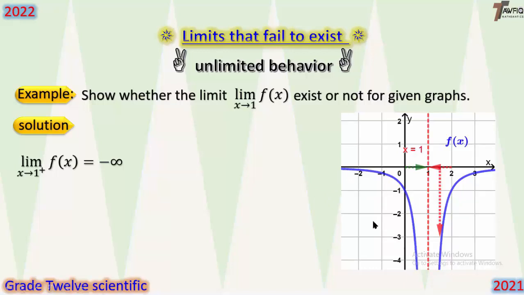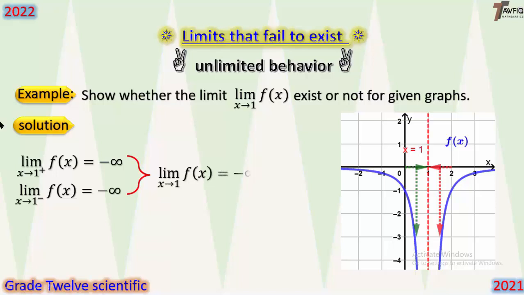That means it goes to negative infinity. Therefore, the limit as x approaches 1 from the left is negative infinity. Here we can say that the limit as x approaches 1 of f(x) is minus infinity, but still the limit does not exist.